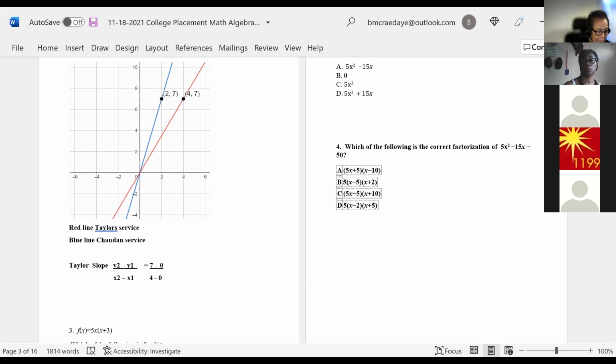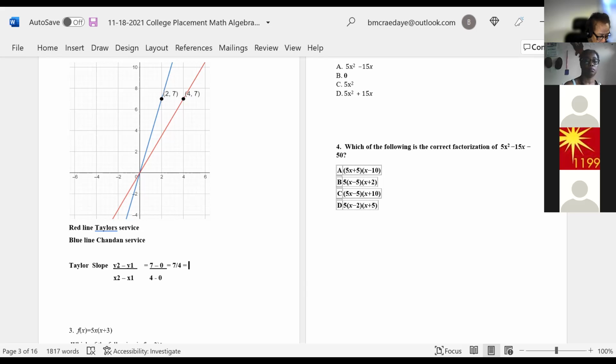This is equal to 7, and I'll just put it over 4. What is 7 over 4? 7 over 4 is an improper fraction. But what is it in terms of money? It's really dollars.